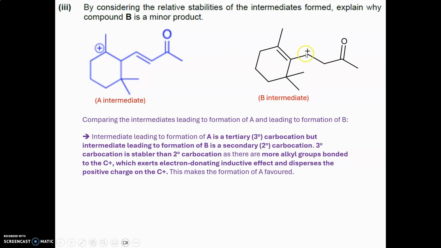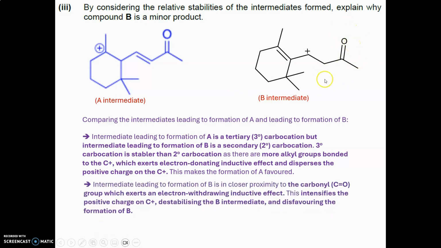Second, you notice that this intermediate for B is very close to a carbonyl group, more specifically a ketone. And this ketone is electron withdrawing. Opposite to the alkyl groups, this ketone group exerts the electron withdrawing inductive effect.